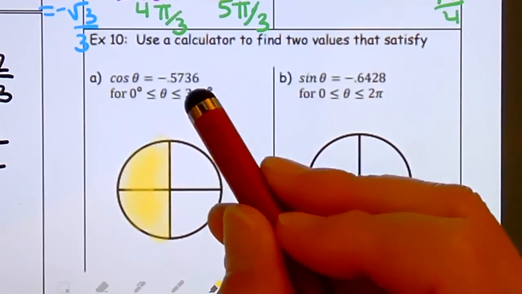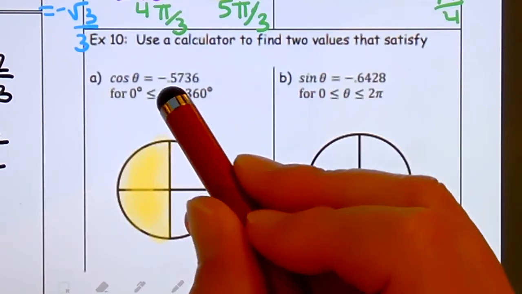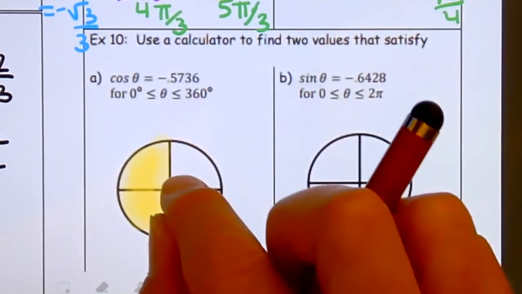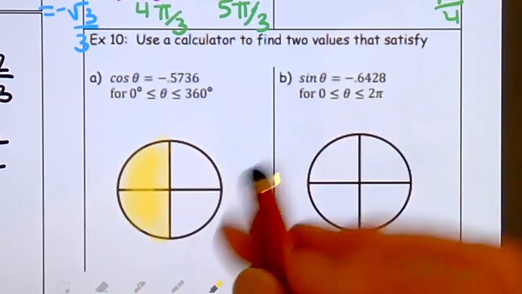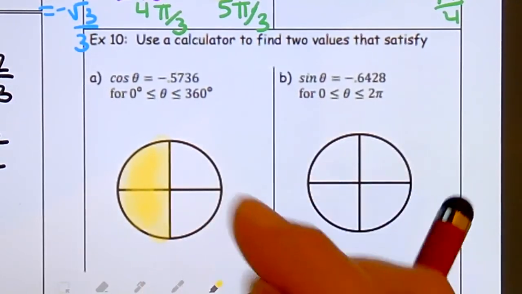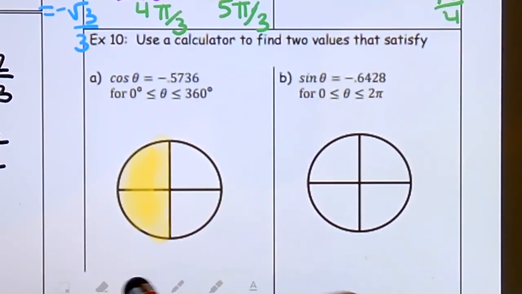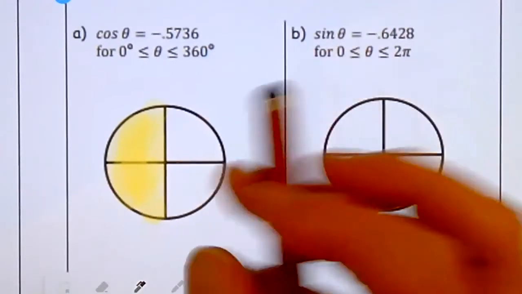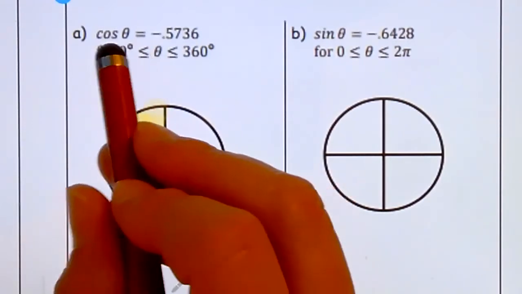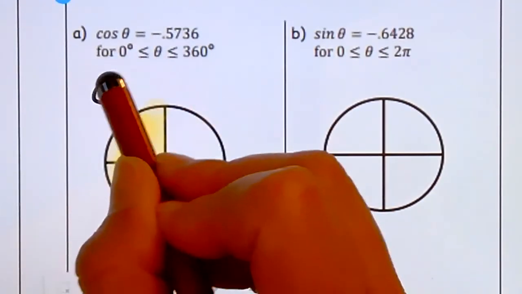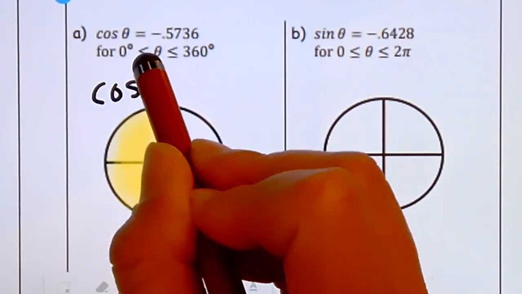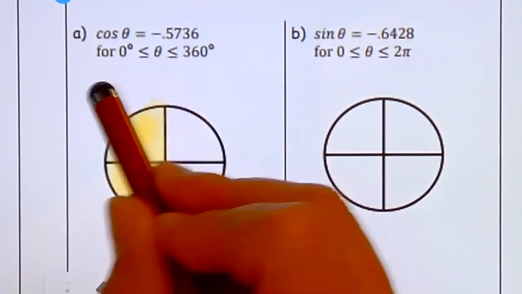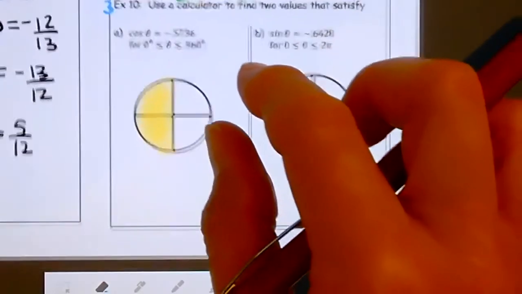Now, the way I like to do it is I actually like to just figure out where it would be just in quadrant 1, okay? It's kind of nice to know the reference angle. So what I'm going to do is figure out the cosine inverse, and let me do it down here, give myself some space.